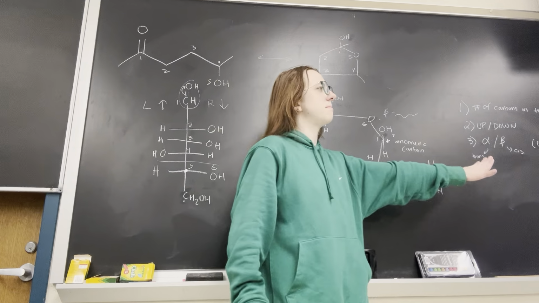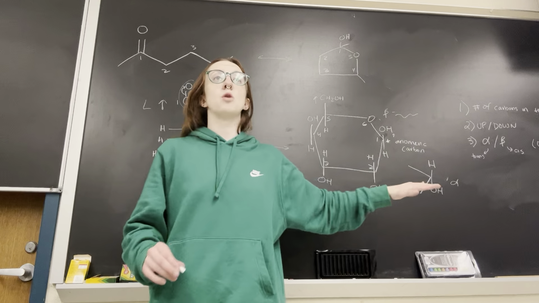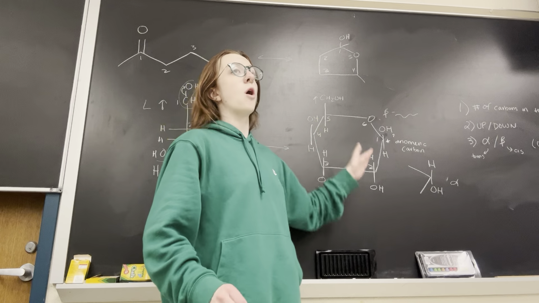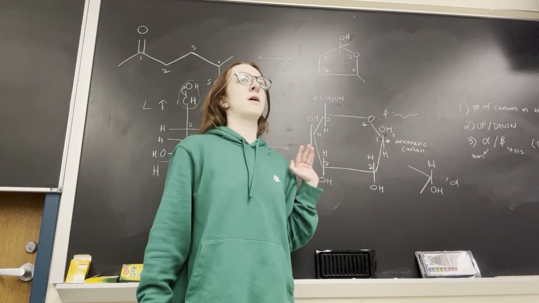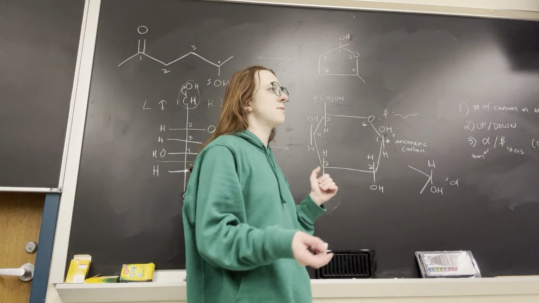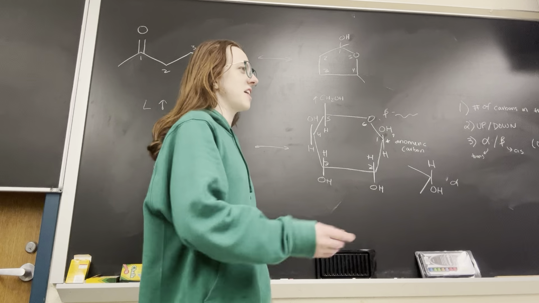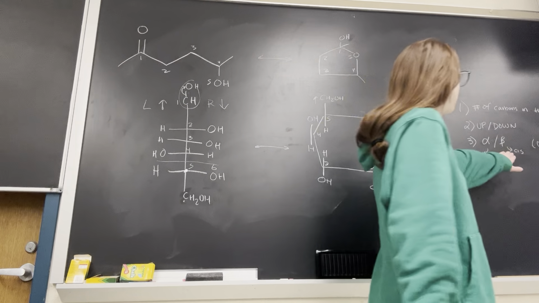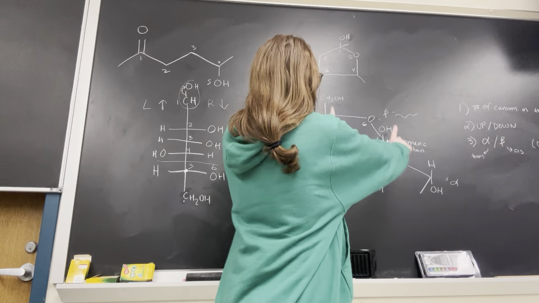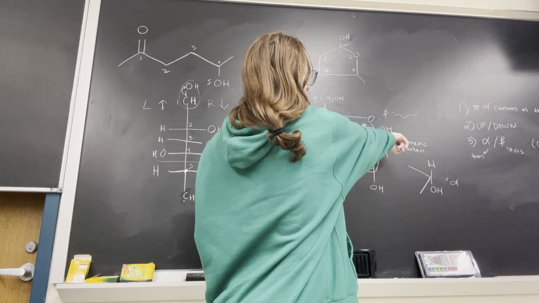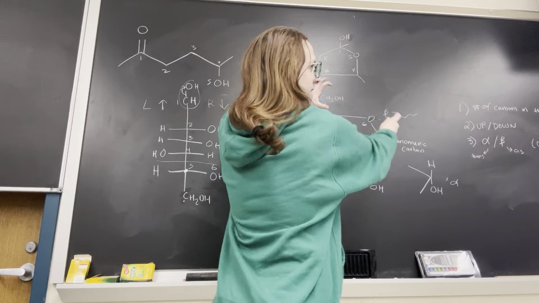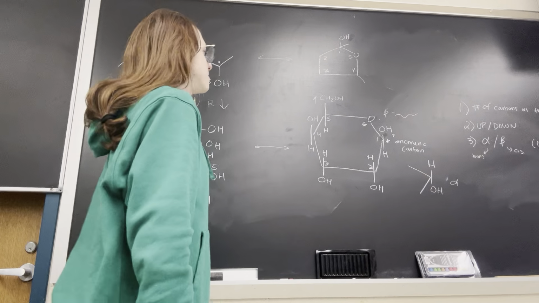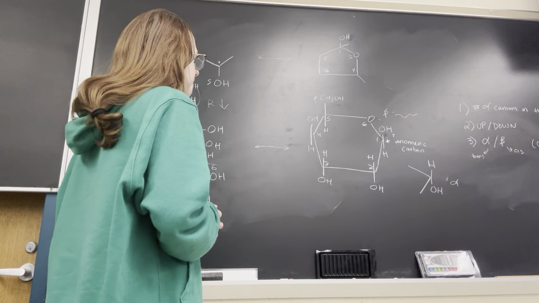This is important because when we get past the point of drawing these, she's gonna start moving all of these numbers around and flipping them in every direction, just in pictures. So it's important that beta is cis, because sometimes this can be this carbon, and that just means everything is shifted.